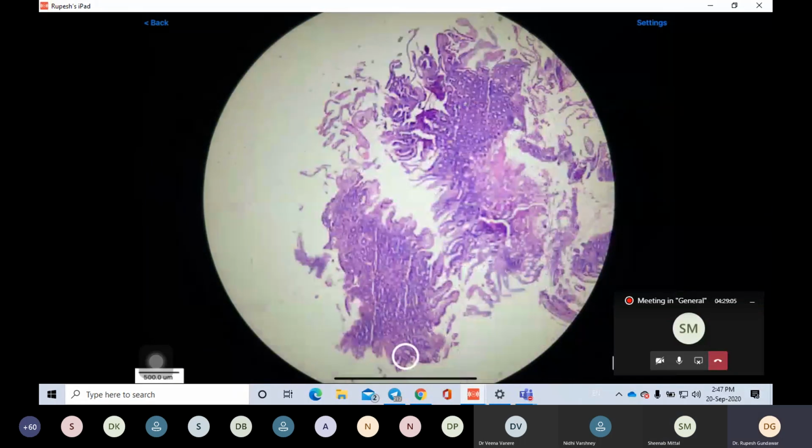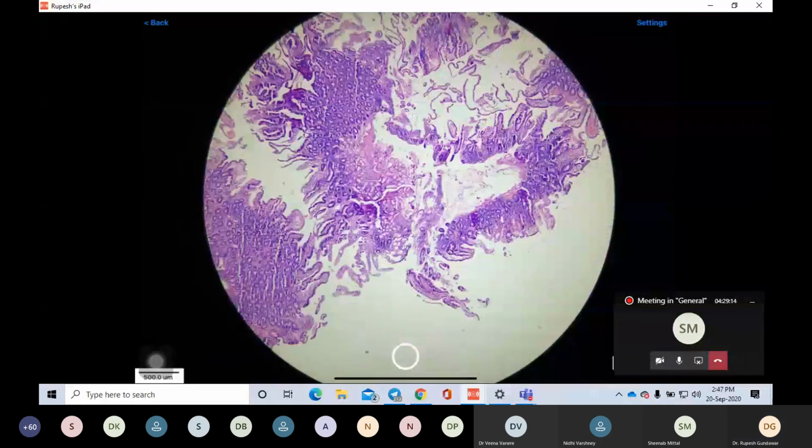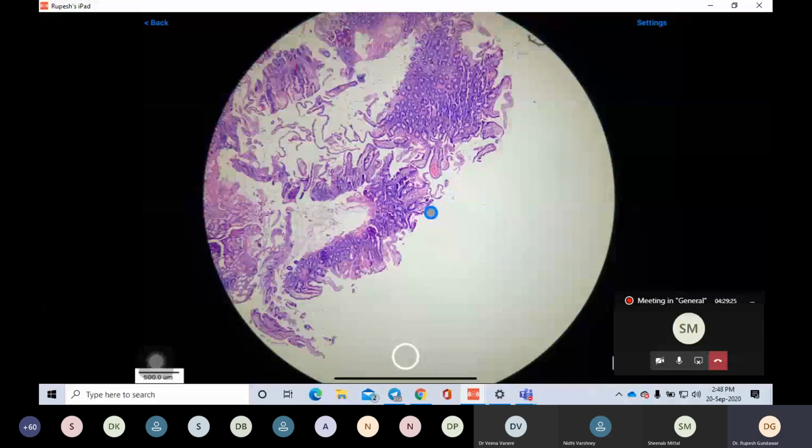So again, we will also evaluate this biopsy in the same way. The crypt villus ratio. Now here you see there is somewhat blunting and crypt hyperplasia. That means there is some pathology.